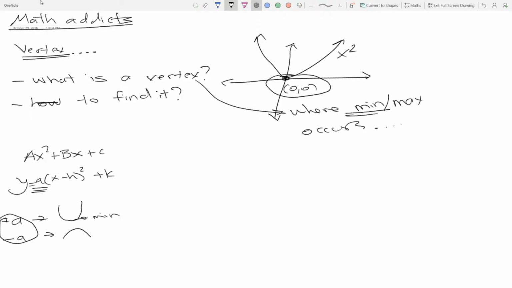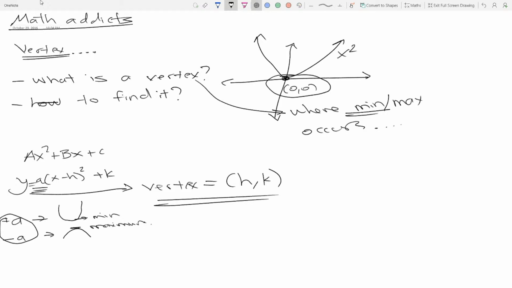If it's a negative a, we're going to have a maximum, right? And the h and k represent the vertex. So in this case, the vertex is equal to (h, k), right? And the minimum or maximum value would occur at k, right?